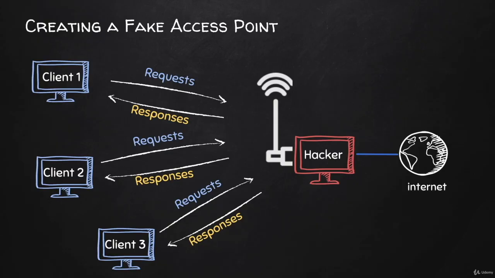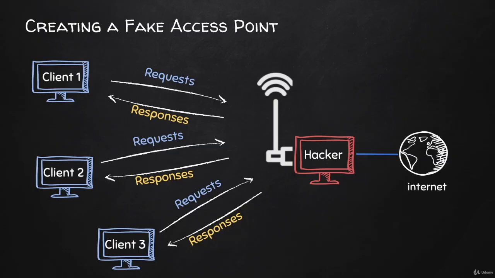This is a general ethical hacking course. Therefore, that would be out of the scope of this lecture. If you're interested in learning how to do this manually and how to run advanced attacks using the fake access point, then check out my advanced network hacking course in the bonus lecture, the last lecture of this course.